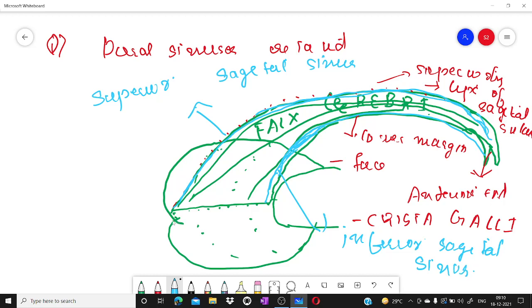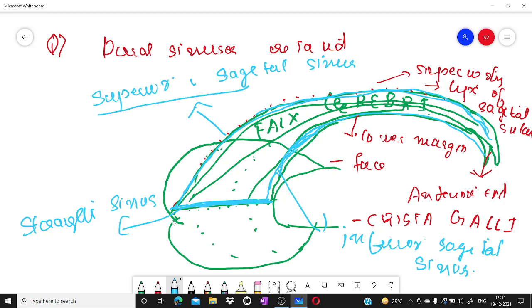Along the line of attachment of the falx cerebri to the superior surface of the tentorium cerebelli, we have another sinus here. This is the straight sinus. So here is the answer: these are three, the superior sagittal sinus, the inferior sagittal sinus and the straight sinus.